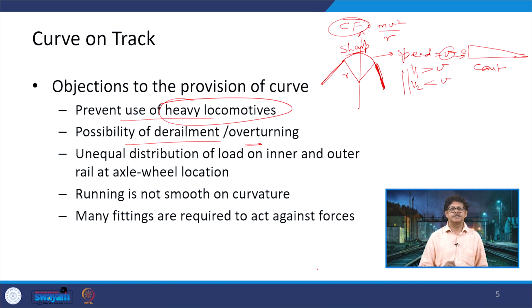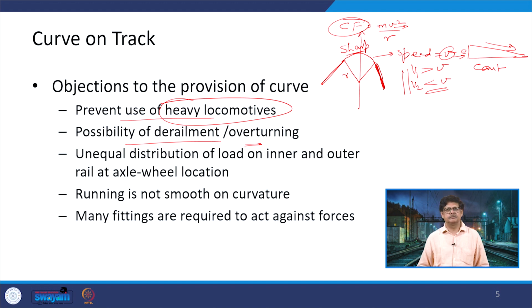There will be more centrifugal force, which increases with the square of the speed, so there is a possibility of overturning. Or there may be a case when the speeds are lower. It means the cant which is being provided is more than what is required, and there is a possibility the vehicle will move towards the inner side and a derailment may happen.